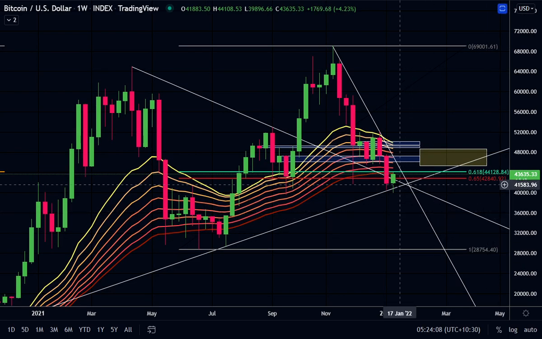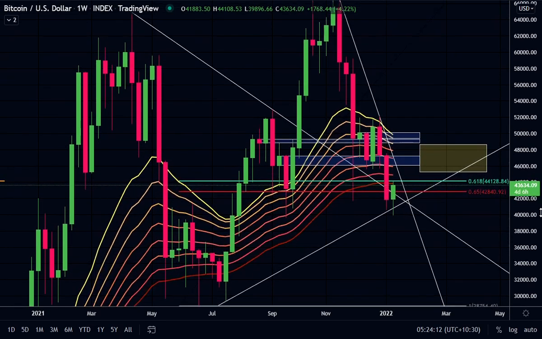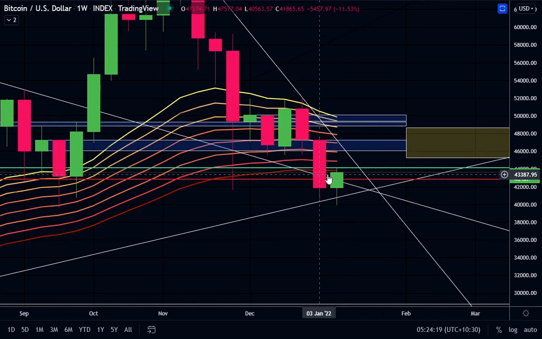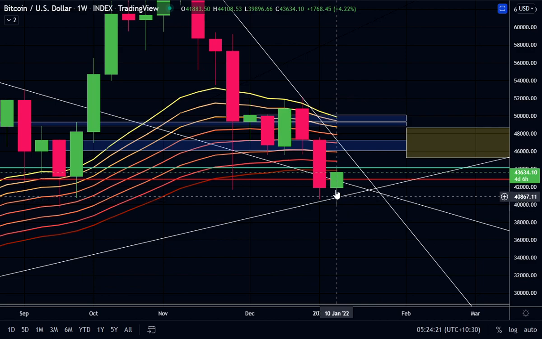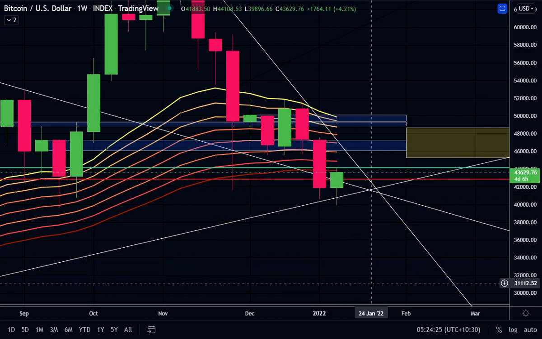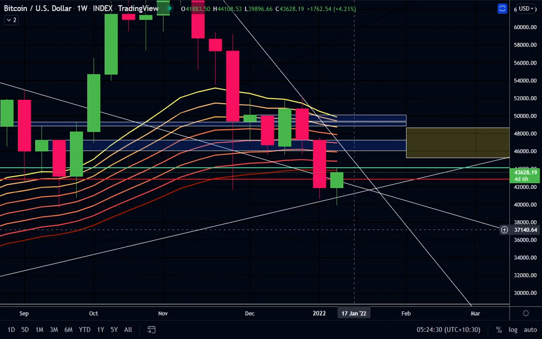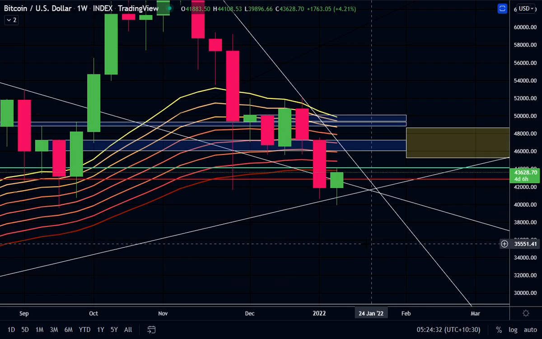In that previous video, I did mention that in the week we've just opened, if we were to spend the whole week below this EMA ribbon without touching it at all, so opening and closing a candle below that ribbon, then I would think we would have further downside, possibly to the $35,000 area, and we could possibly be entering a bear market.